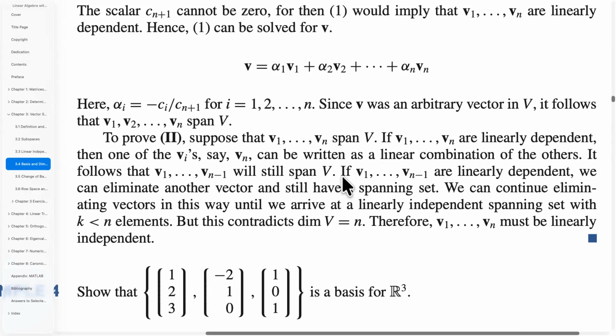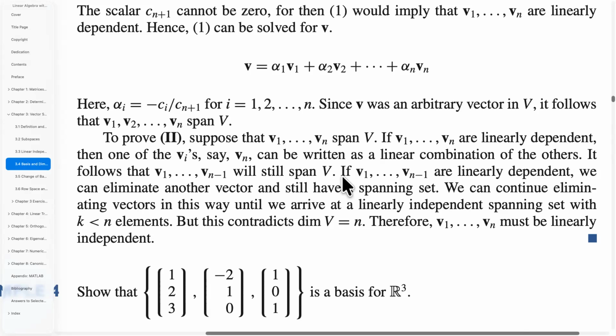Think about this. Let's say we get rid of three vectors. Now we have n minus 3 vectors that span V and are linearly independent. That means the dimension of V is n minus 3.